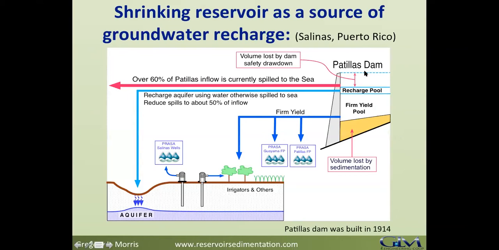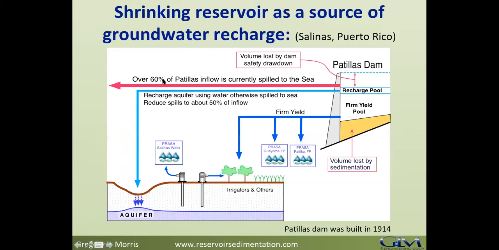Patillas Dam, built in 1914, has been losing volume to sedimentation, but a couple of years ago, they also lost a significant amount of volume because of a forced drawdown for dam safety issues. This is a hydraulic fill dam, and they have to lower the level for dam safety. So this reservoir is rather small compared to the runoff.